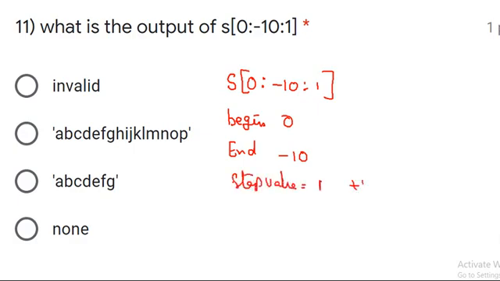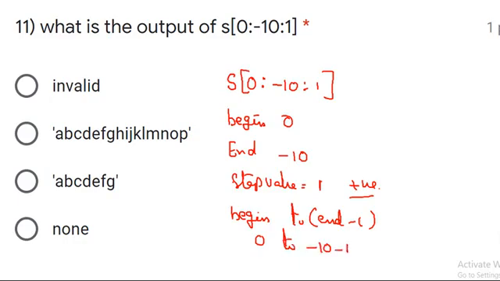That means positive direction. If it is a positive direction, from which index to which index do you have to travel? From begin to end minus 1. What is your begin? 0. To end minus 1. What is your end? Minus 10.